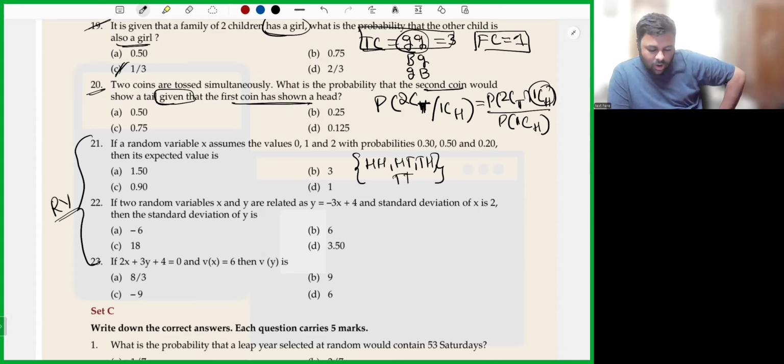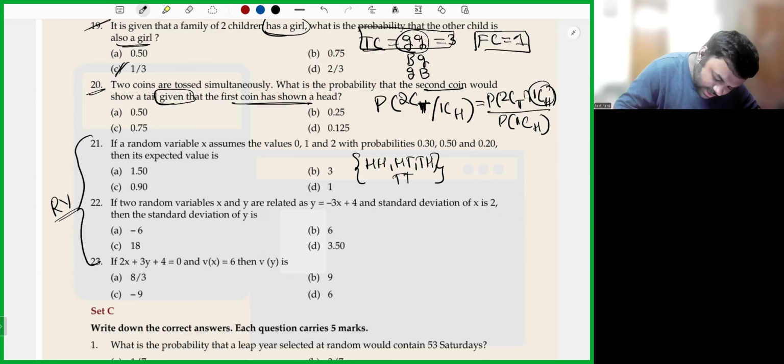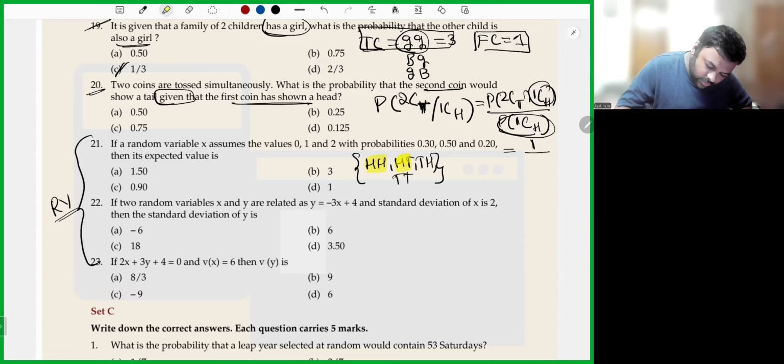Perfect. Now, second coin has shown a tail, intersection, first coin has shown a head. Now, can you see in how many cases second coin has shown a tail and first coin has shown a head? There is only one case, sir. Second coin is tail, first coin is head. In how many cases first coin has shown a head? 1, 2. 2 cases first coin has shown a head.